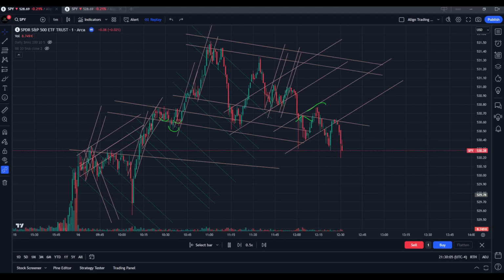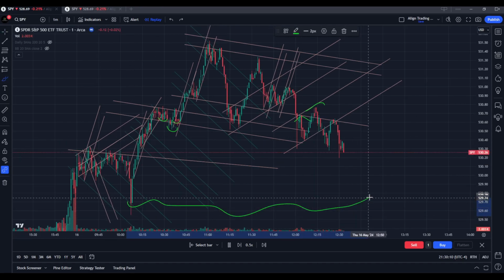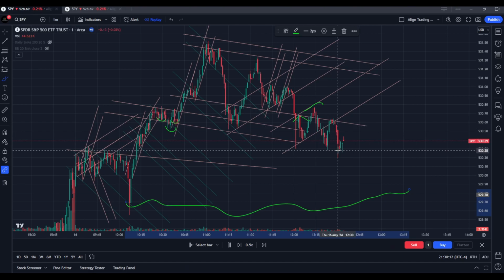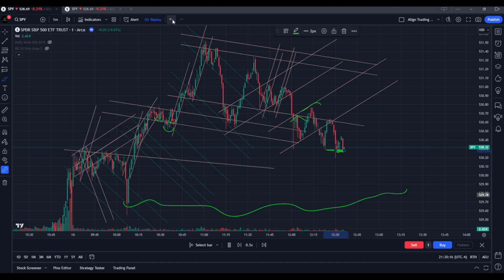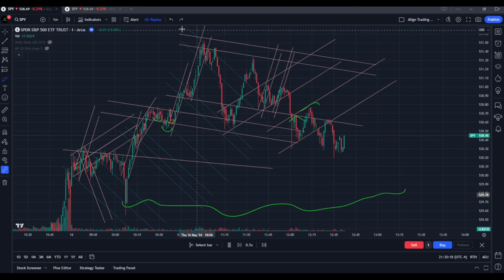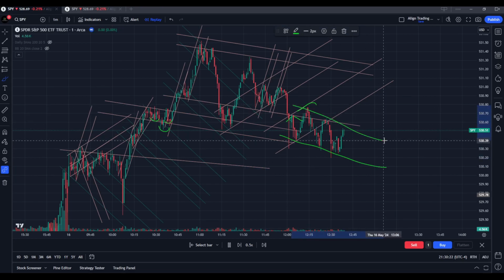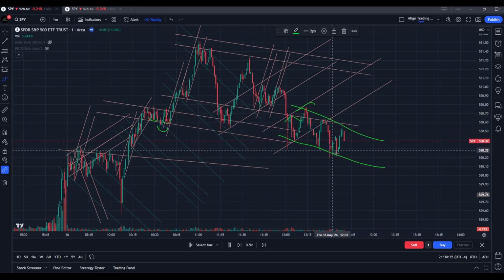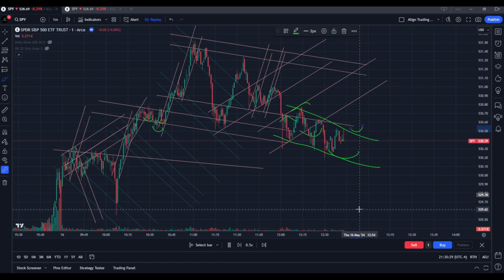We look like we're starting to break down here, and everything looks good to go test this level. However, we start forming some support right here, getting those wicks and not breaking down, as well as seeing this continued tapering right here, possibly as we start to form maybe something like this before we break back up.